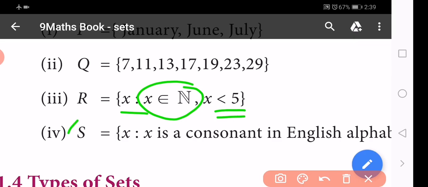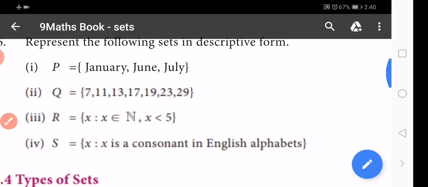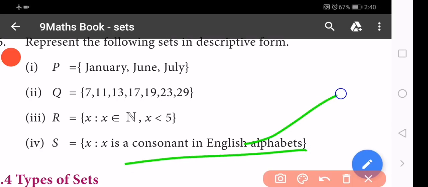And the fourth one, also in set builder form: the set of all consonants in the English alphabet. We write any one, the set of all English consonants, or the set of all consonants in English alphabets. They write full words, full sentences, there is no problem.